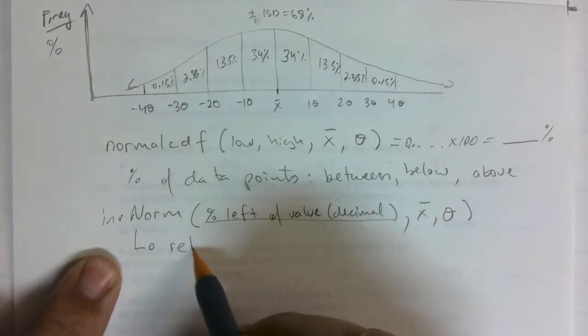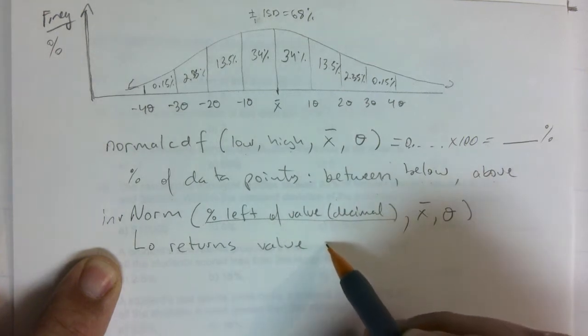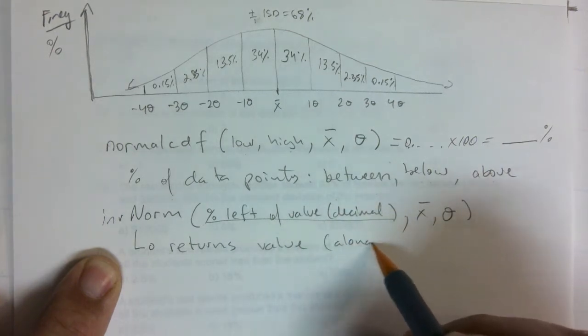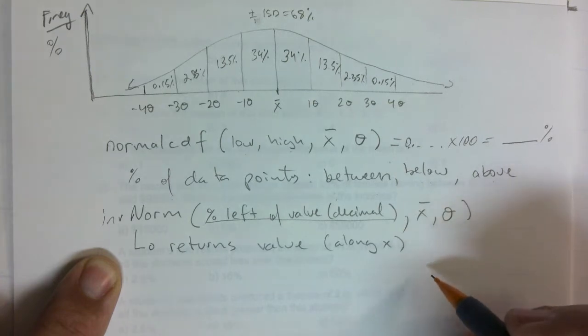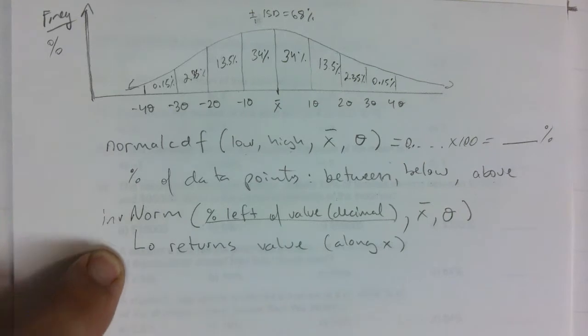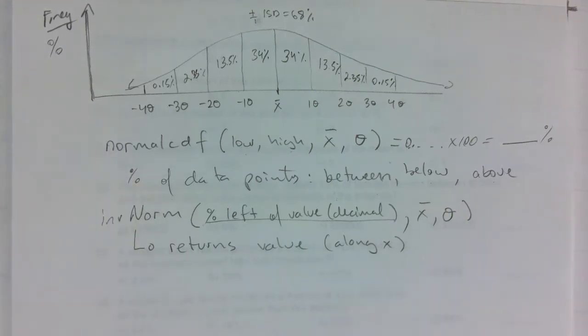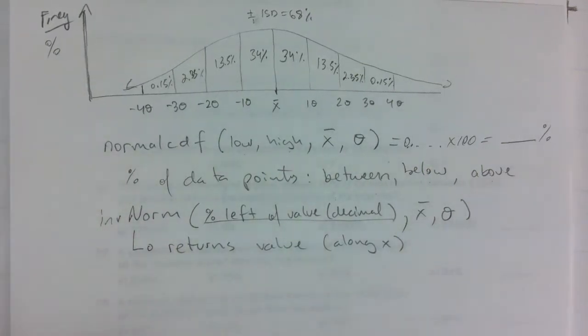It returns a value along the x. That is the cutoff. It will actually give you that value that has this many percentage of items to the left of it. So always keep this in mind.